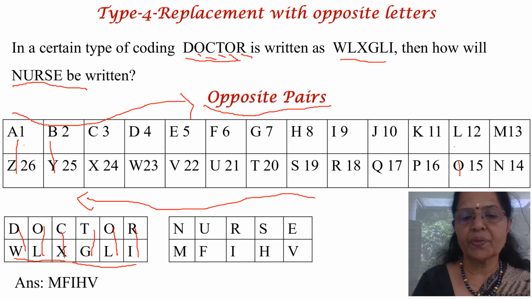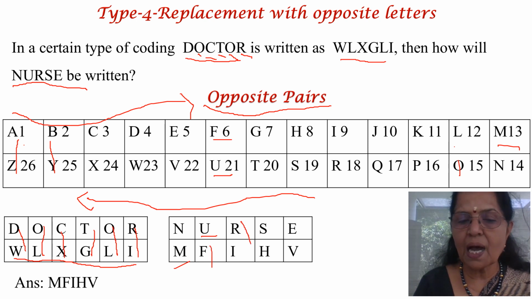So what is the letter opposite of N? M. So put M. What is the opposite of U? Look up here. Opposite of U is F. Put F here. And nurse, R. What is the opposite of R? It is I. Bring the I here. And what is the opposite of S?